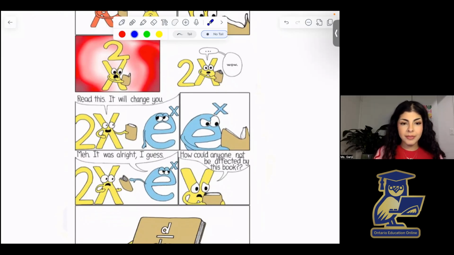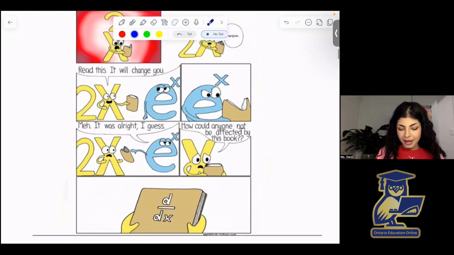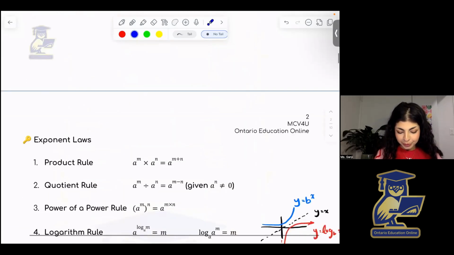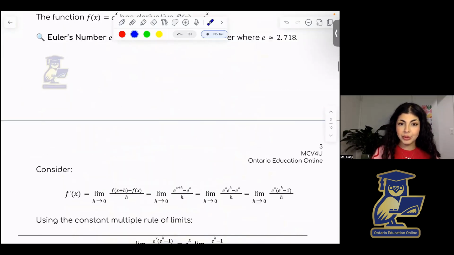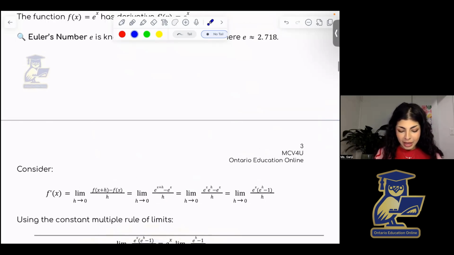And it reads it and says, meh, it was all right, I guess. And 2x is now thinking, how could anyone not be affected by this book? Because it was the derivative book, and we can clearly see that the derivative is the same, so the function does not change. I hope that helps you remember that the derivative of the natural exponential function is itself.